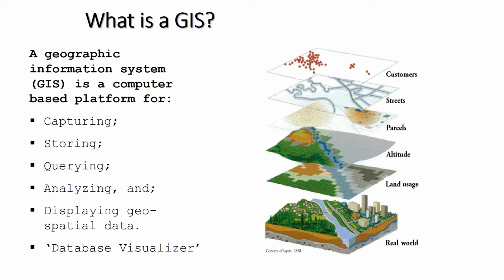This image in the middle represents what a GIS is. It takes different layers, like a deck of cards, and each layer is attached to a database. So in a sense, GIS can be seen as a database visualizer. It does other things as well, but for our purposes today, we're going to think about GIS as a database visualizer.